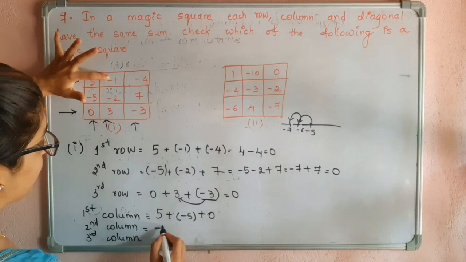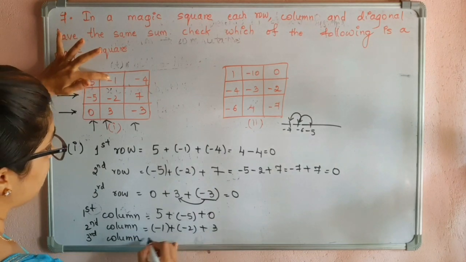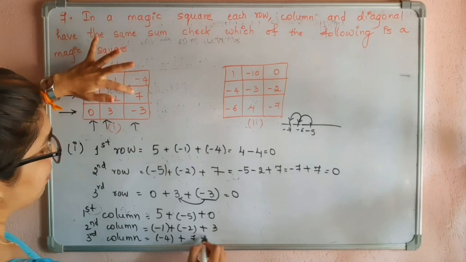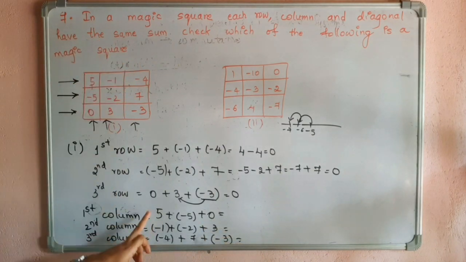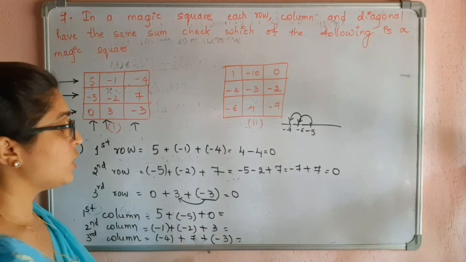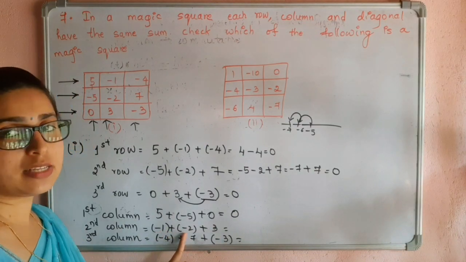Next you have minus 1 plus minus 2 plus 3. Next we have minus 4 plus 7 plus minus 3. So let us see the sum of the columns. Again this is adding the additive inverse of 5 with it, so it is 0.